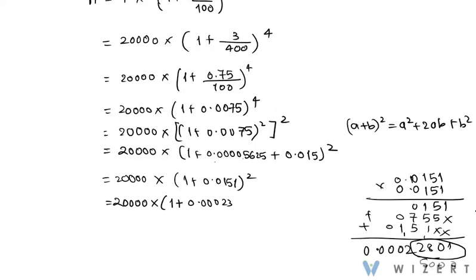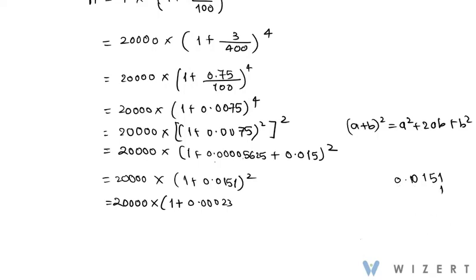Let's take one more digit because we have to add the other digit again. And at the end of the addition, we will write it accurate to 4 digits after the decimal point.